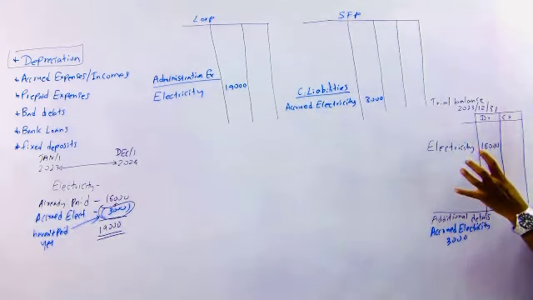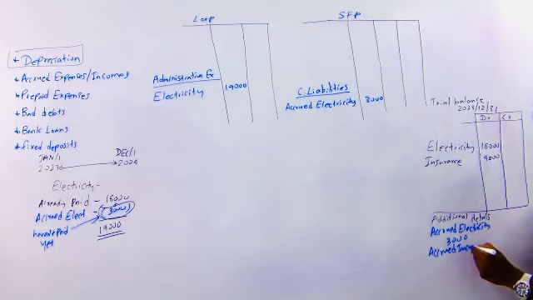Insurance charges, right? They have paid 4,000. It means they have mentioned 4,000 in the trial balance. And in additional details, they have said accrued insurance 1,000. So what's the meaning of that?